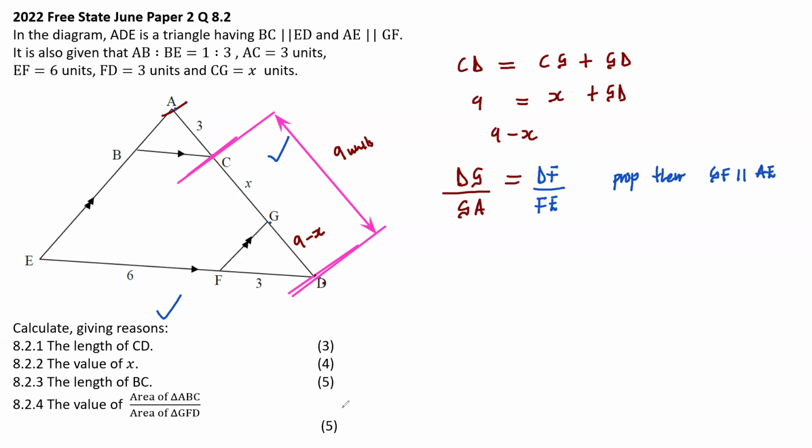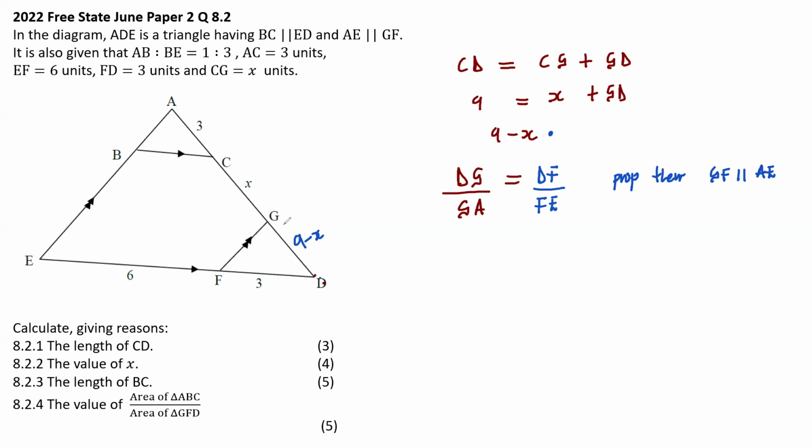Let's see what's happening. From the extrapolation that I got prior, I need CD was 9 from 8.21. Then from 8.22, I'm looking for the value of X. If CD is 9, then DG is 9 minus X, which I wrote here.